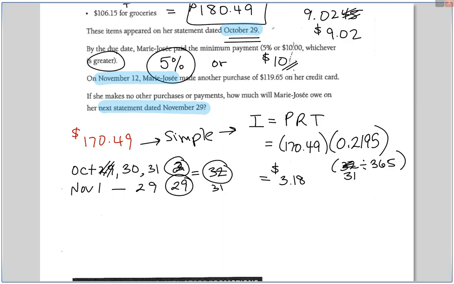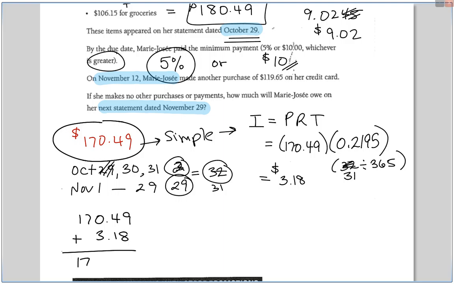All right. So this 170.49 plus 3.18, 173.67. So that's the amount that's carried forward to the next month. Question? Yeah.